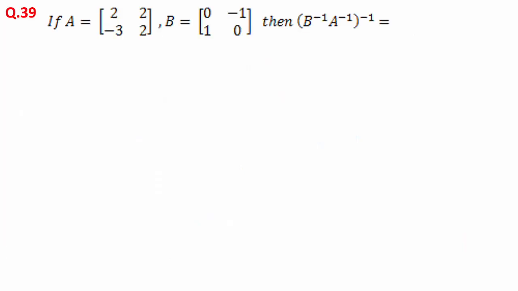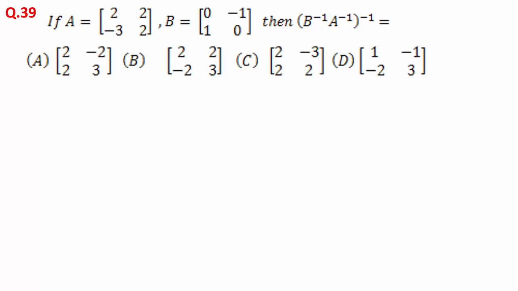Question 39. If A is equal to matrix 2, 2, minus 3, 2, B is a matrix 0, minus 1, 1, 0, then (B inverse A inverse) inverse is, options are A matrix 2, minus 2, 2, 3, B matrix 2, 2, minus 2, 3, C matrix 2, minus 3, 0, 2, D matrix 1, minus 1, minus 2, 3.